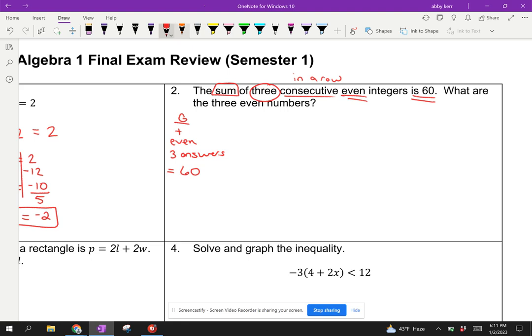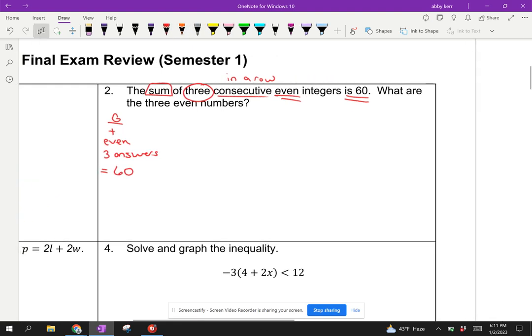Now on the side, I'm just going to remind you of what consecutive numbers are. So if I just choose 5, 6, and 7, those are consecutive integers. Now if I choose 7, 9, and 11, those are odd consecutive integers.